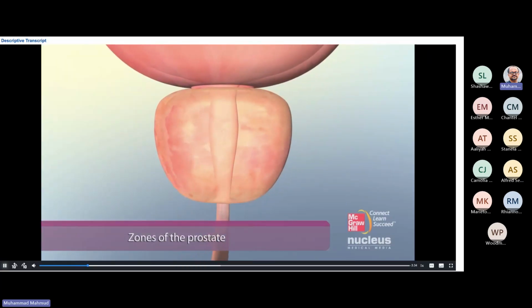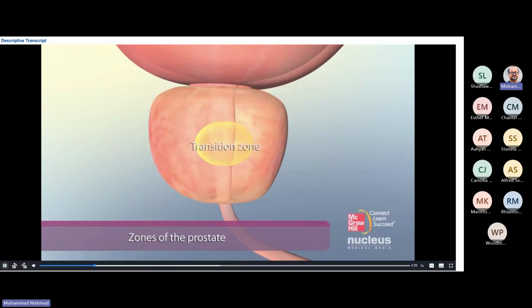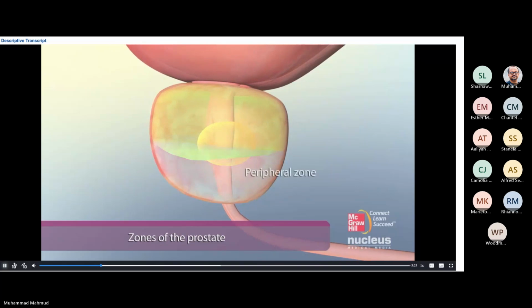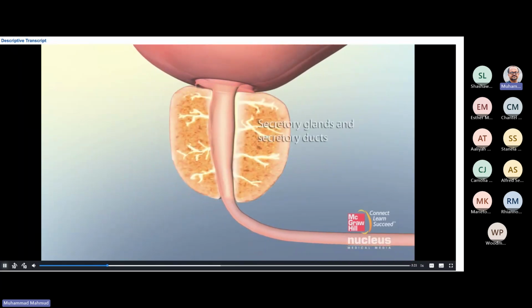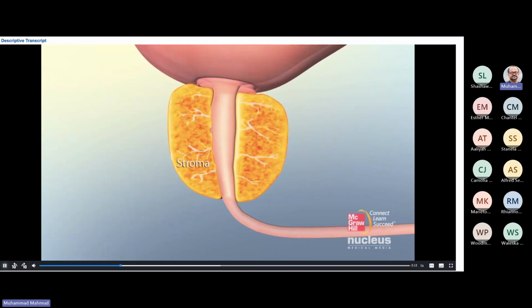Prostate tissue is divided into several functional zones: the transition zone, central zone, and peripheral zone. The prostate consists of secretory glands and ducts surrounded by fibromuscular tissue called the stroma.